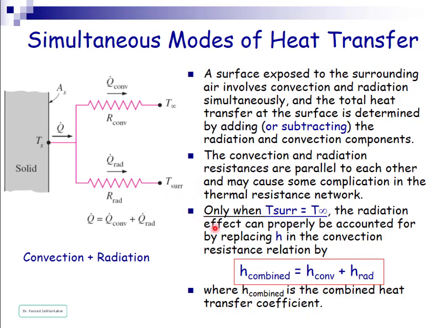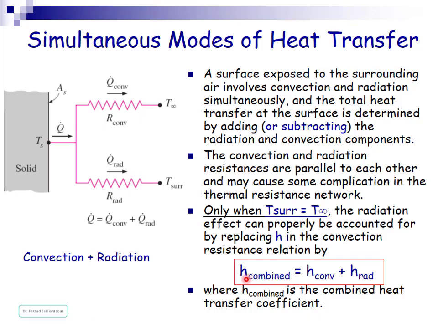Only when the temperature of the surrounding surfaces is equal to T infinity, the temperature of the fluid far enough from the surface, the radiation effect can properly be accounted for by replacing h in the convection resistance relation.